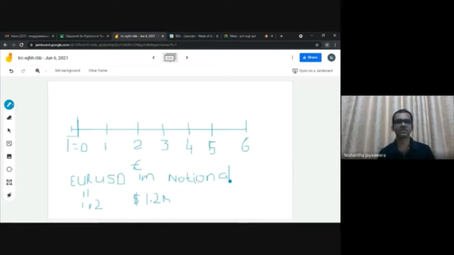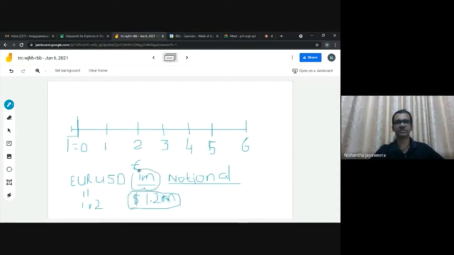In some instances they may not. So both parties agree this notional amount, assume 1 million. Then based on the exchange rate, the principal amount of the other currency is also decided automatically.